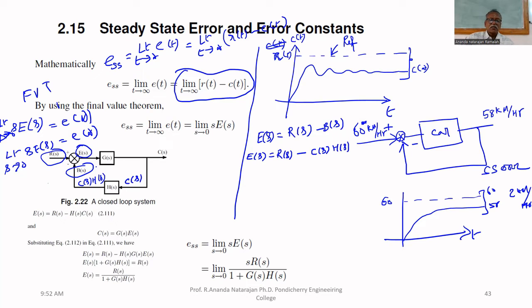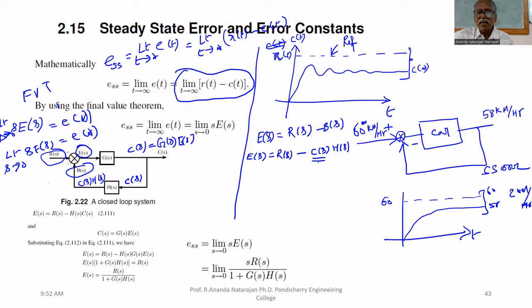Then what is C of S? The error is amplified by the gain of the system. Therefore, C of S equals G of S multiplied by E of S.